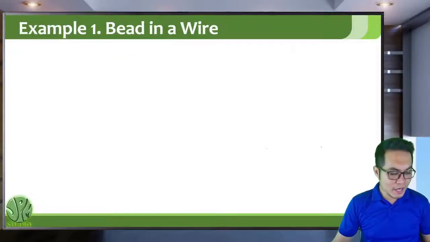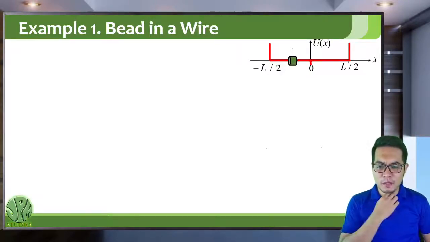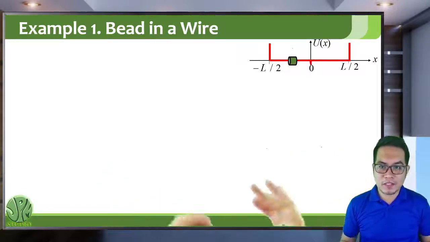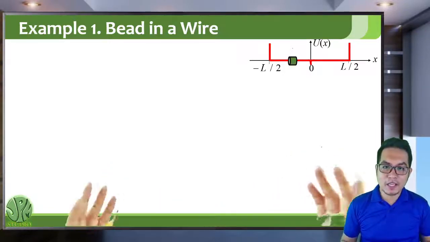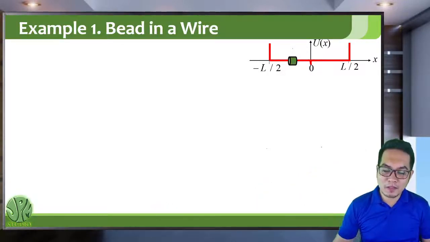Okay, let's have an example. This example is called a bead in a wire. There's actually a problem in the infinite square well chapter about this, a bead in a wire, because its wave functions are similar to that of an infinite square well potential system.